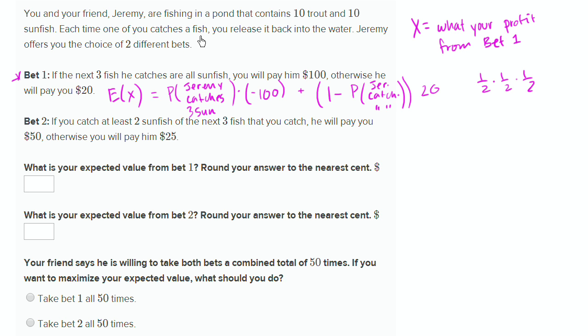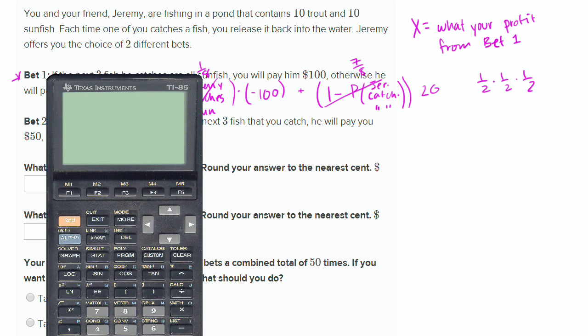If he wasn't putting the fish back in, then for the second one you would have a 9 out of 20 chance of it being a sunfish. But in this case, they keep replacing the fish every time they catch it. So there is a 1/8 chance that Jeremy catches 3 sunfish. And 1 minus 1/8 is 7/8. So you have a 1/8 chance of paying $100 and a 7/8 chance of getting $20.